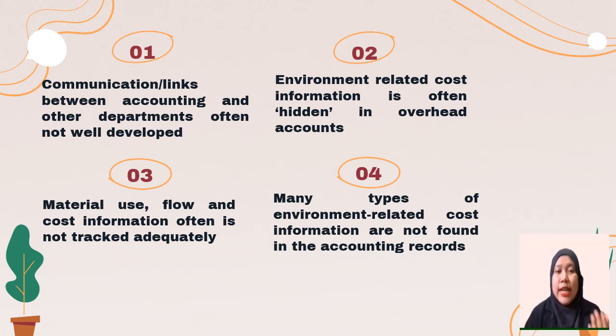Why overhead accounts? Because overhead accounts are a convenient way to collect costs that may be difficult to assign directly to processes or products. However, this practice can create a backlash later when a manager does not know where to look for the needed cost information or when costs are allocated back to cost centers for pricing and other purposes.